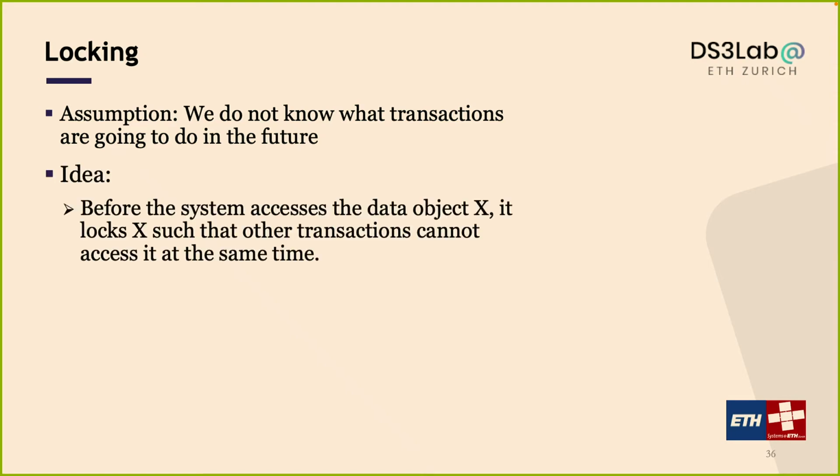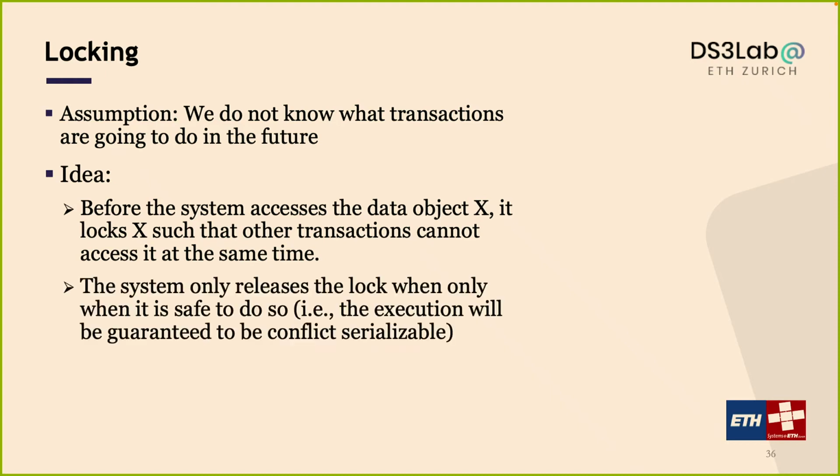The high-level idea is before the system accesses data X, it needs to lock X such that other transactions cannot access it at the same time. And the system only releases the lock when it's safe to do so, which means that execution will be guaranteed to be conflict serializable.